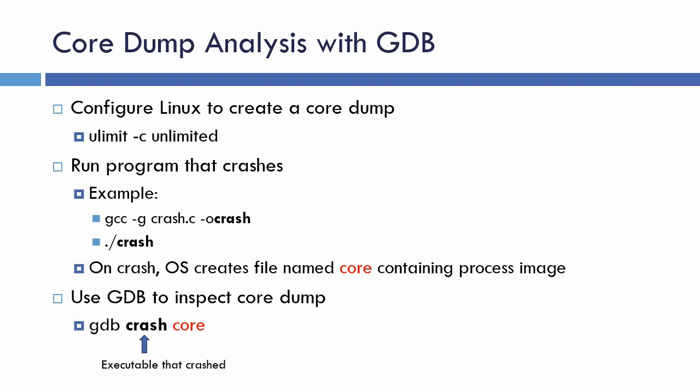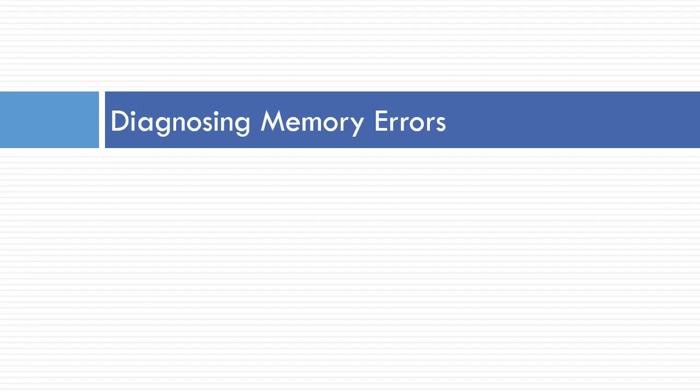A core dump is a file named core that contains a snapshot of the memory of your process at the time that it crashed, and you can use this to inspect the variables and find out the contents of memory at the time that your program crashed. To configure Linux to create a core dump, you use this command in your shell, ulimit -c unlimited.